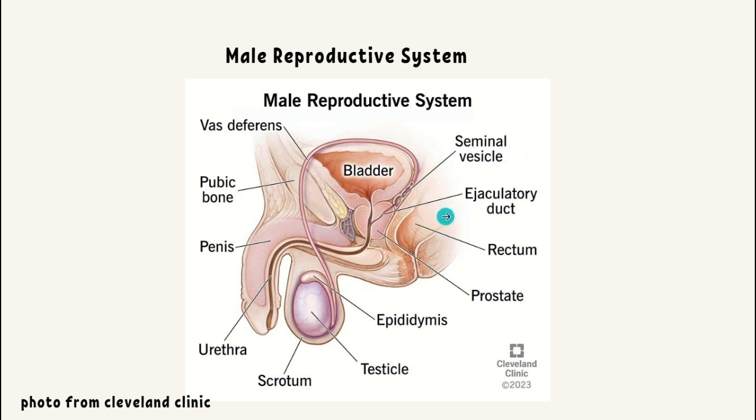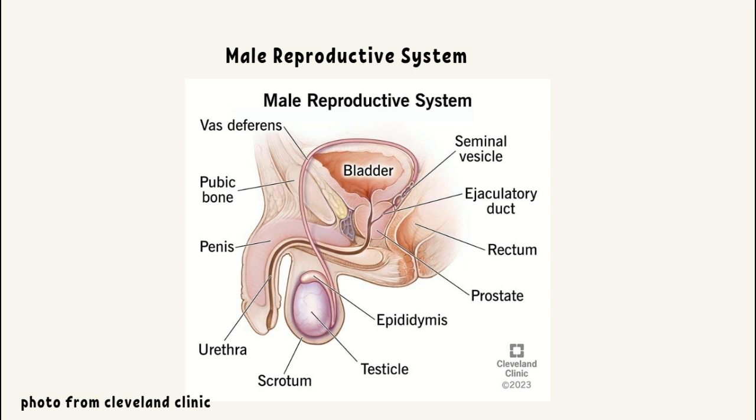And then you probably say, what are the seminal vesicles? Basically, they are glands that produce a fluid rich in fructose, which nourishes the sperm and makes up a large part of the semen. So everything is working together in this reproductive system. And I would very much advise that you know at least one function for each of these, the relevant one.